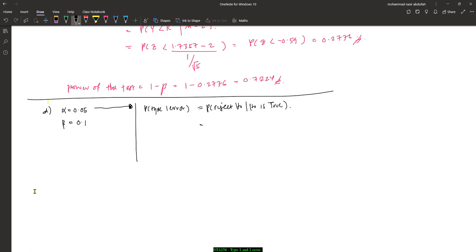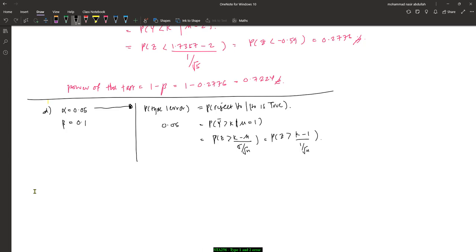So probability of rejecting null hypothesis, probability of y bar more than k, right? Remember just now mu is equal to 1 and this is 0.05, right? So probability of z more than k minus mu divided by sigma over square root of n. So this one should be probability of z more than k minus 1 over square root of n lah.